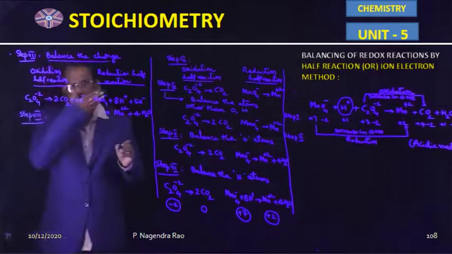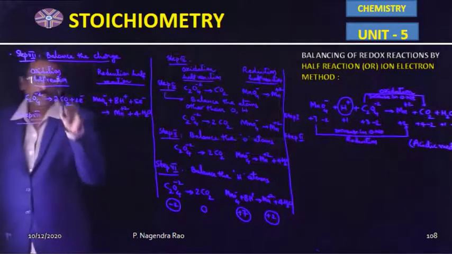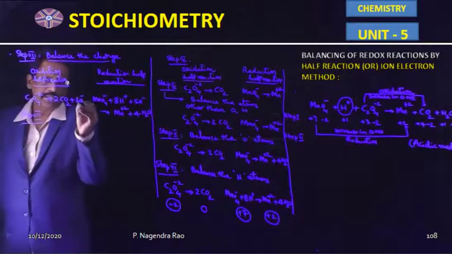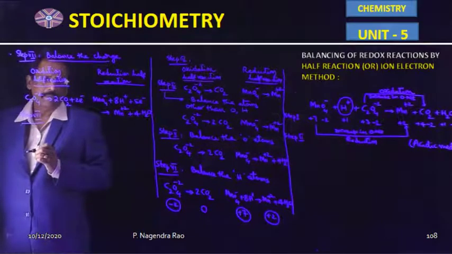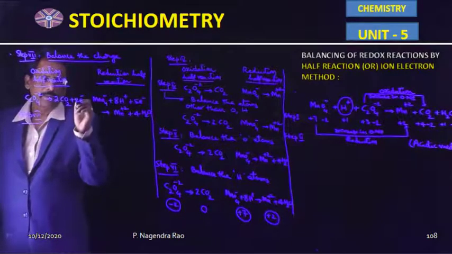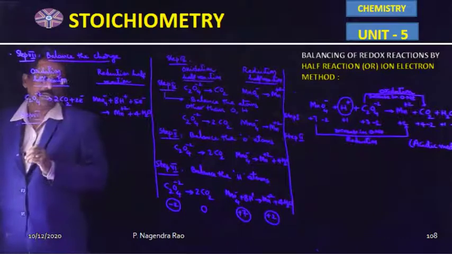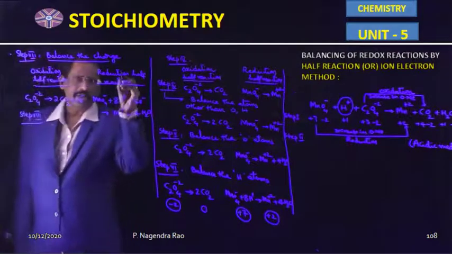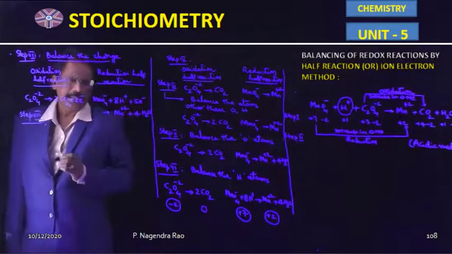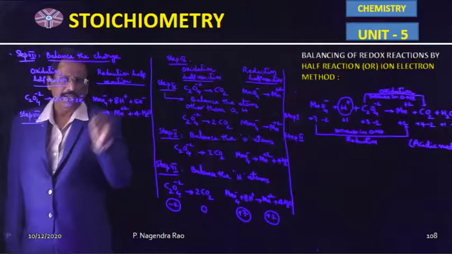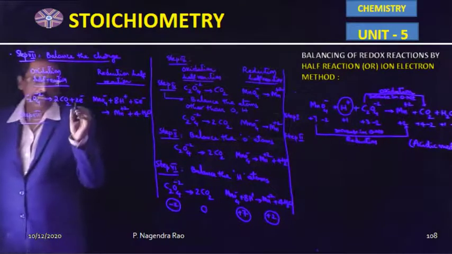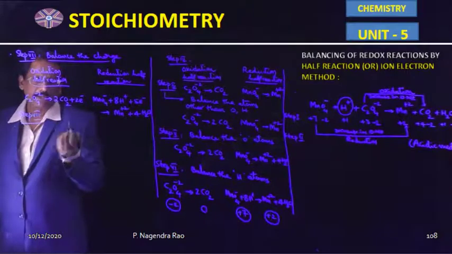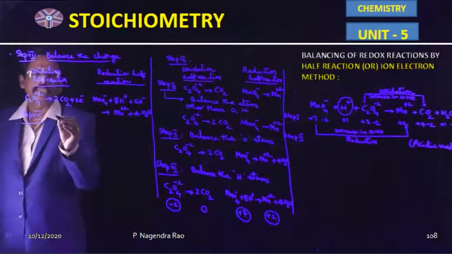And then next step is, in this example, in the oxidation half reaction, in the product side there are 2 electrons. In the reduction half reaction, in the reactant side there are 5 electrons. So first equalize them by multiplying with the suitable integer.